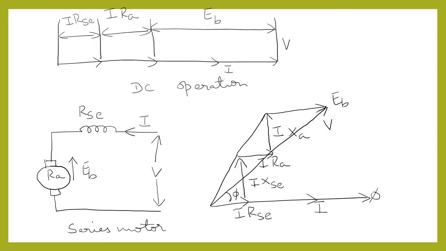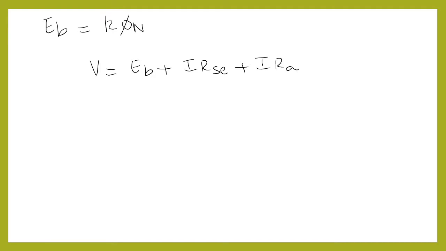I is the current drawn by the motor, IRSC is the drop in the series field, and IRA is the drop in the armature, and EB is the back EMF developed, which equals K phi N. So the equation is V equal to EB plus IRSC plus IRA, which is nothing but K phi N plus IRSC plus IRA.